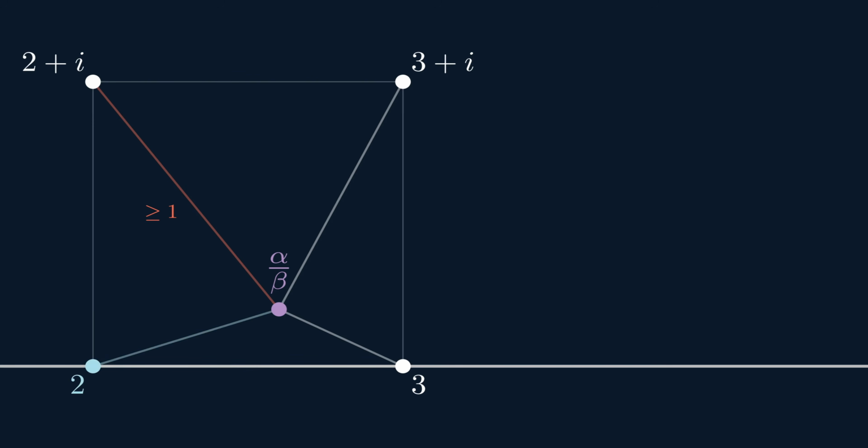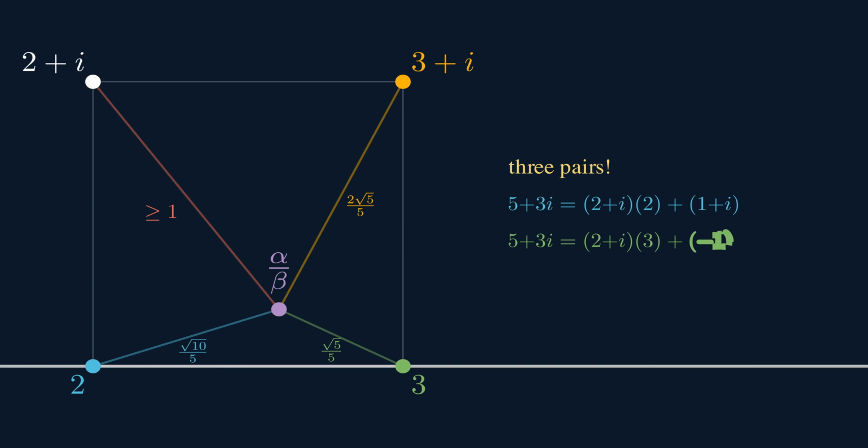We have 5 plus 3i can be written as 2 plus i times 2 plus 1 plus i, or times 3 plus negative 1, or times 3 plus i plus negative 2i. And so we've got 3 possible quotients, 2, 3, and 3 plus i, and their respective remainders, 1 plus i, negative 1, and negative 2i.